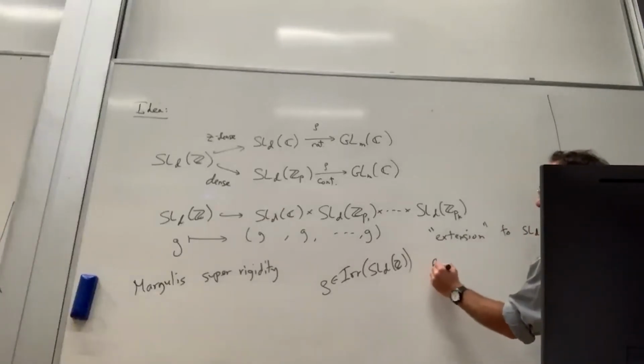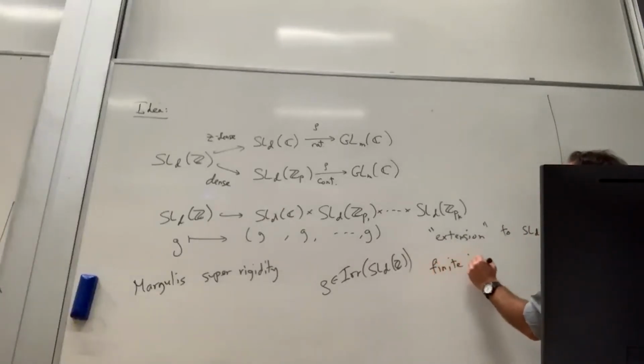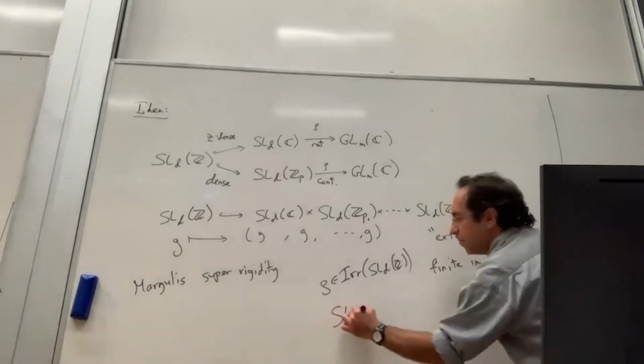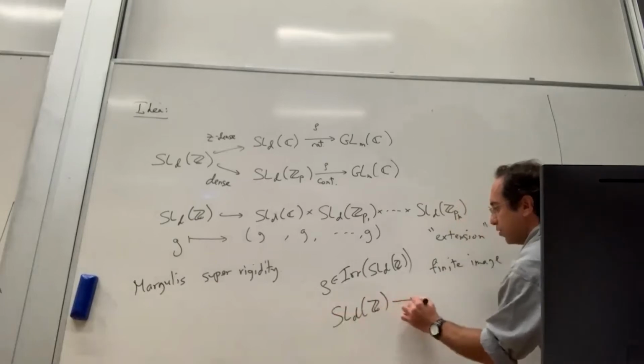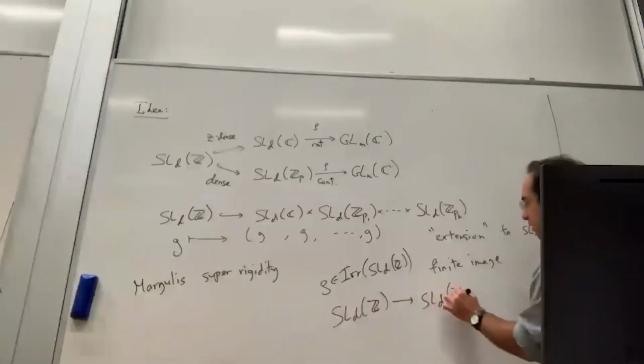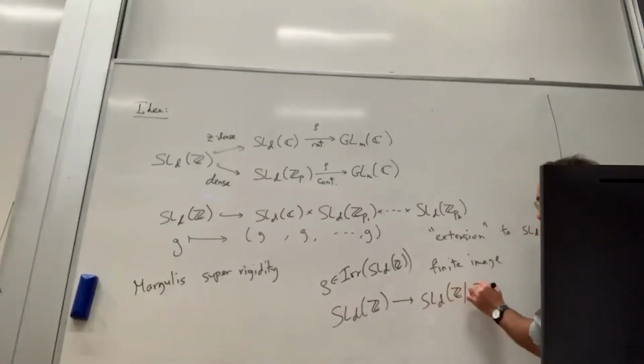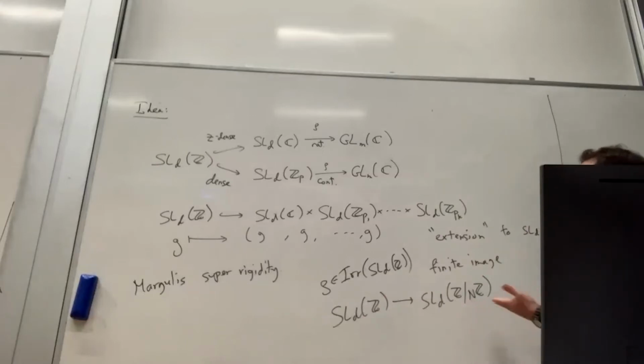Or it has finite image, but if it has finite image, then it factors through a finite quotient, for some n. The finite quotients are dominated by arithmetic quotients, but now you can use the Chinese remainder theorem and get this as a product over the primes. And so this is exactly how these come into life.